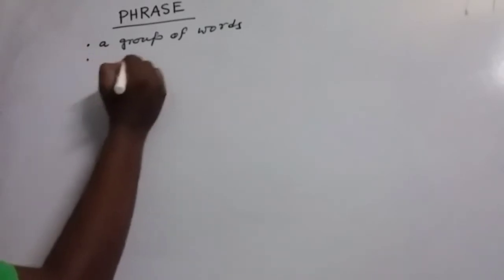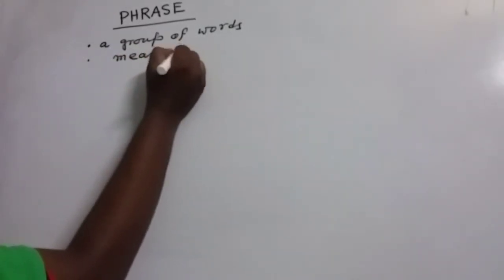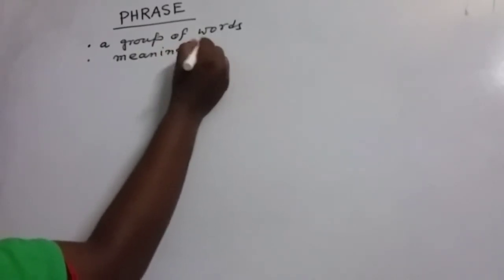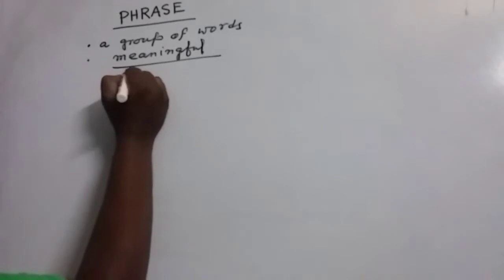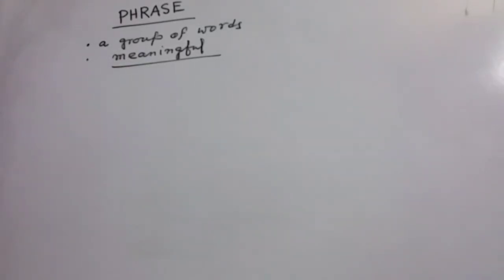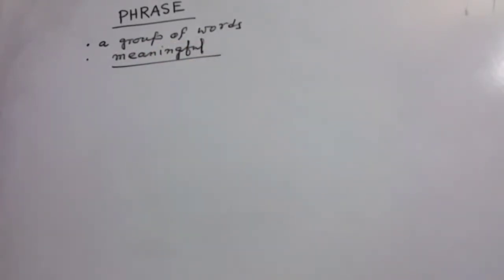The second thing is that it is meaningful. But the fact is that it cannot stand alone. That means we cannot use only the phrase in a sentence. It needs the help of the subject or the verb in a sentence.